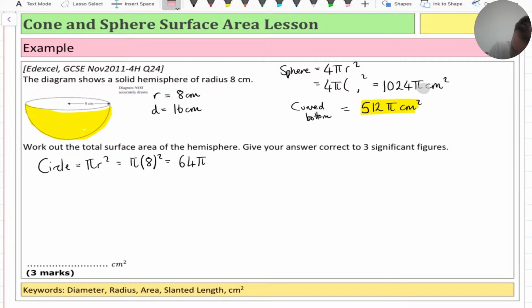So that there should be 8 squared, shouldn't it? So shift pi times by 8 squared is equal to, let's just work it out again.